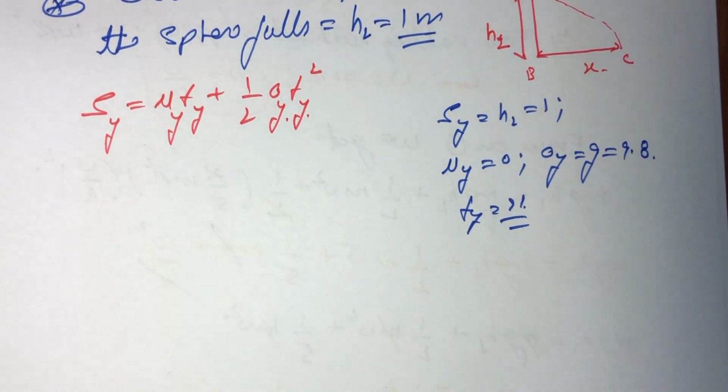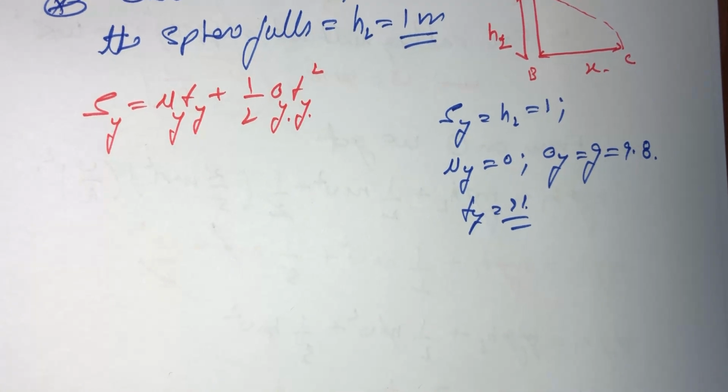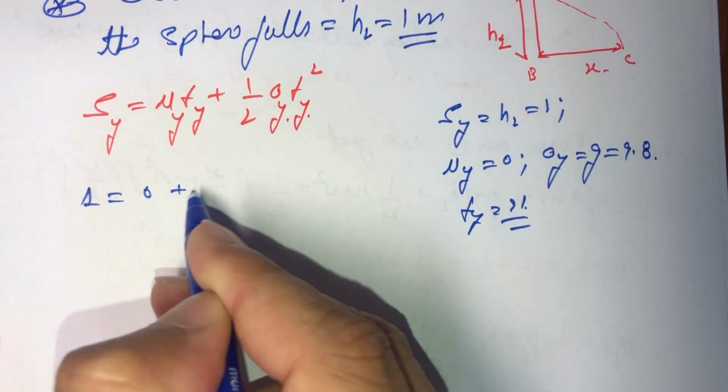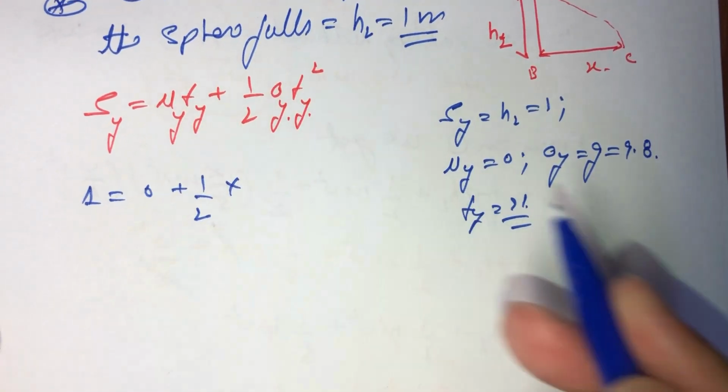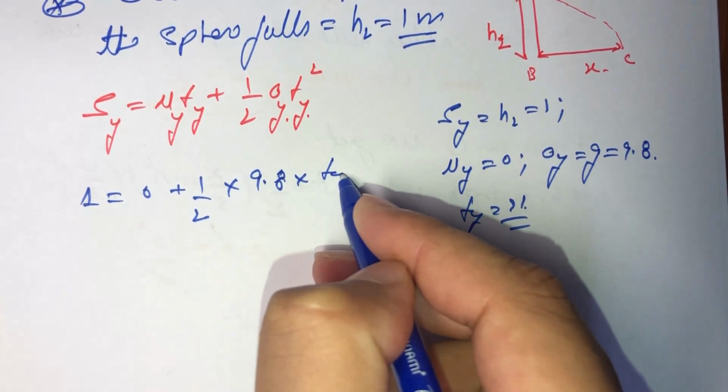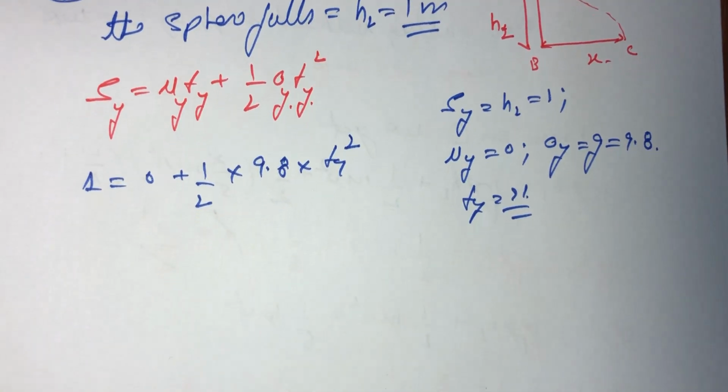So substituting the values, we get S of y is 1, equal to 0 plus half multiplied by 9.8 multiplied by t of y square.